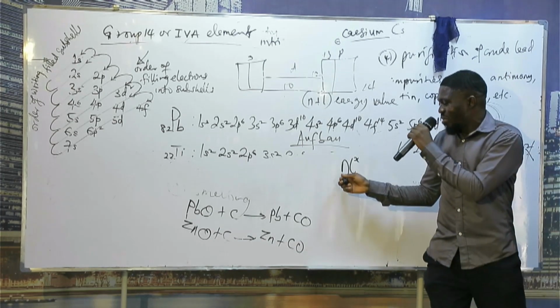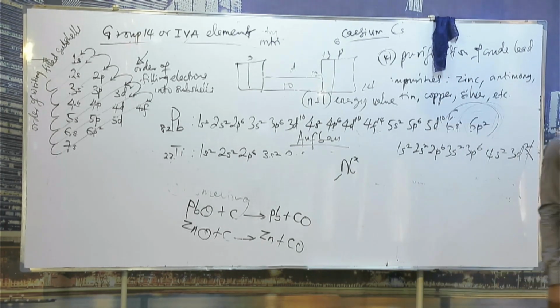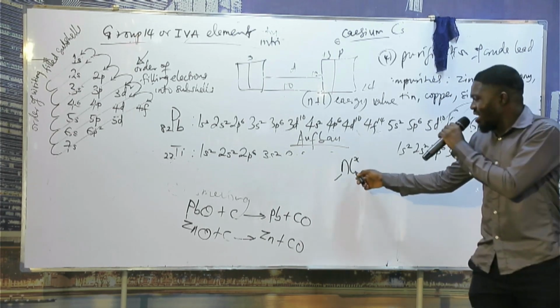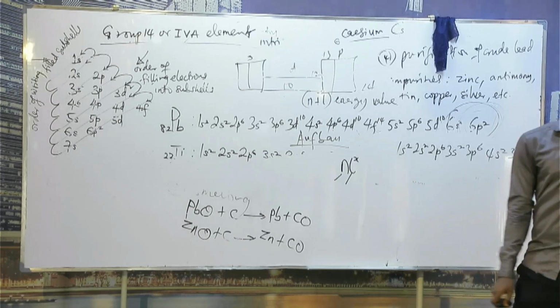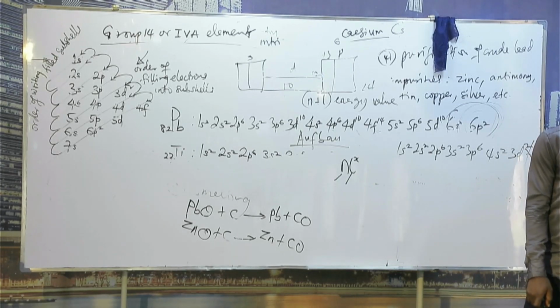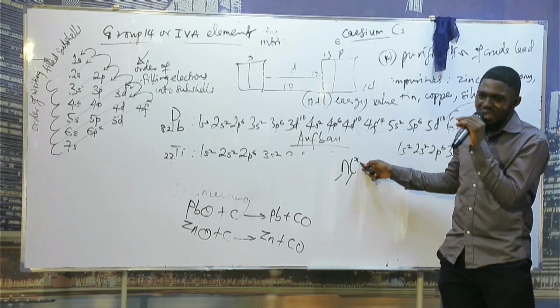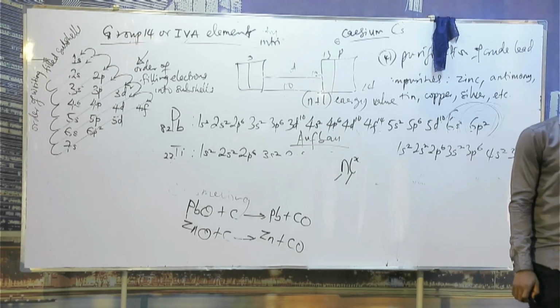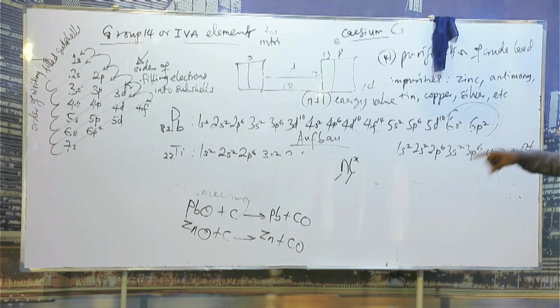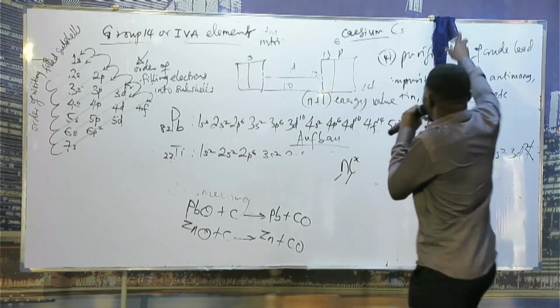What does this n mean? Principal quantum number. What does this l mean? Azimuthal quantum number. What does this x mean? The number of electrons occupying the subshell. Let me help you with that.